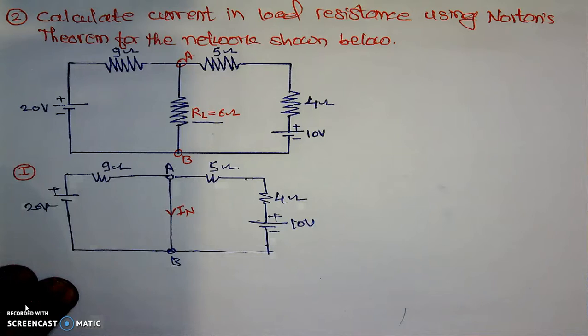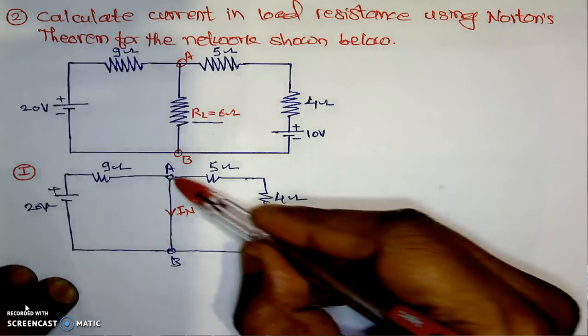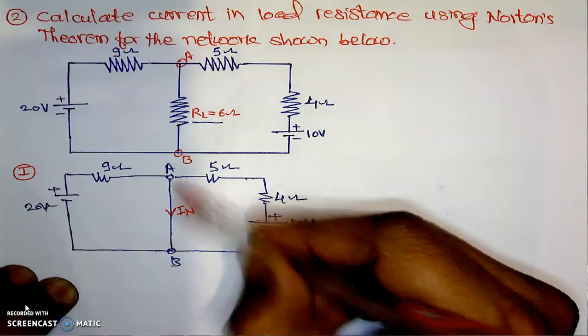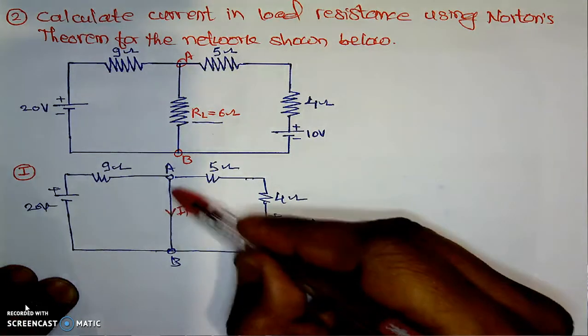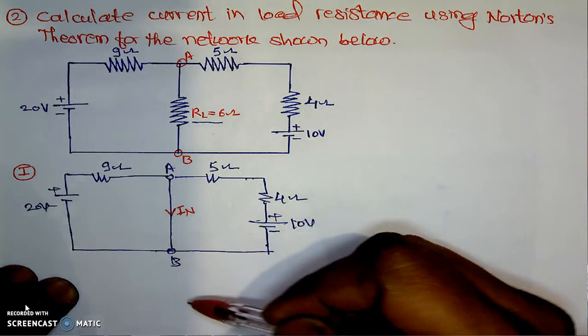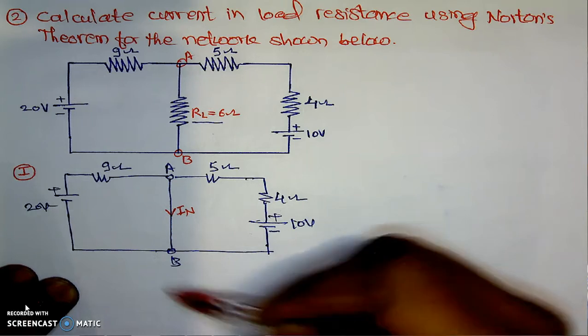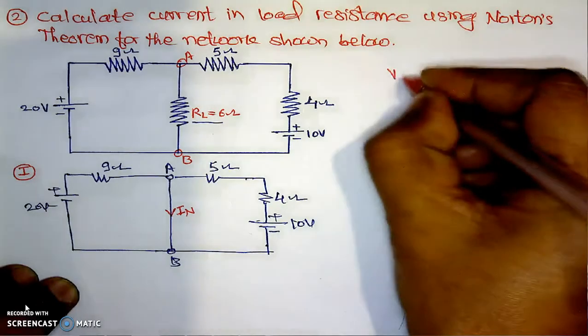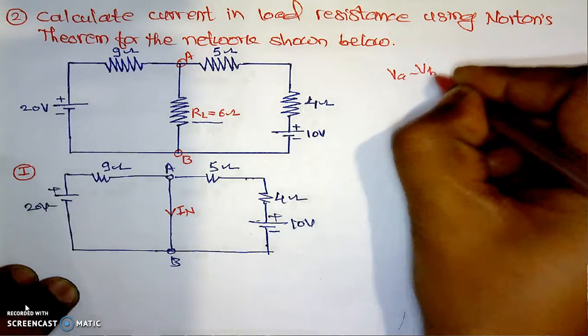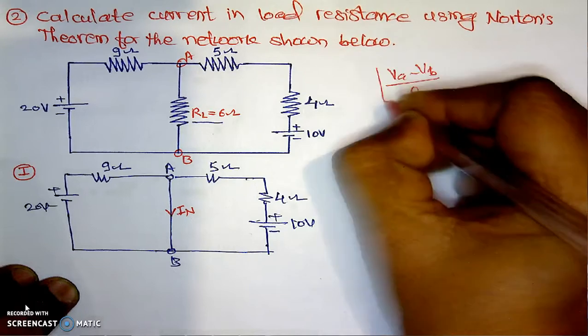Now be careful while selecting the method for such cases. Between the terminals A and B we have this short circuit. There is no other element. Whenever any path has zero resistance, we cannot use the nodal analysis method, because in nodal analysis we use VA minus VB divided by some resistance, which is 0 in this case.